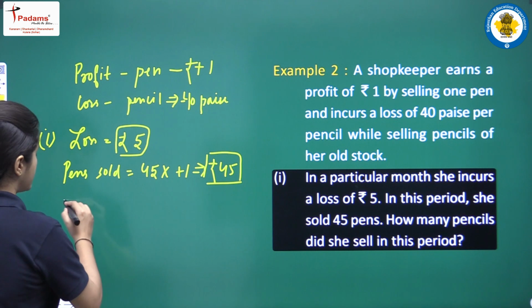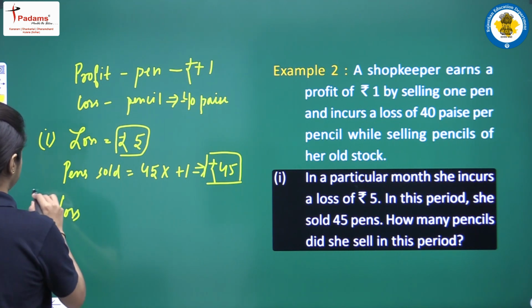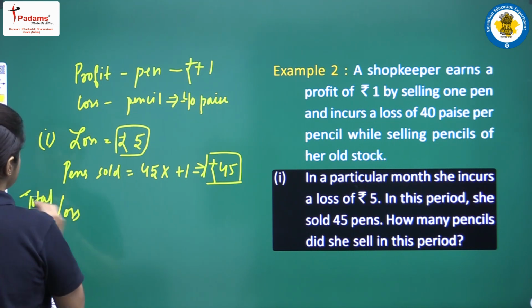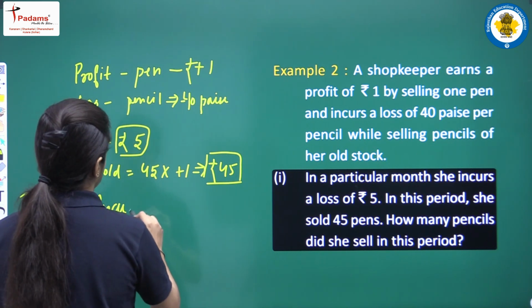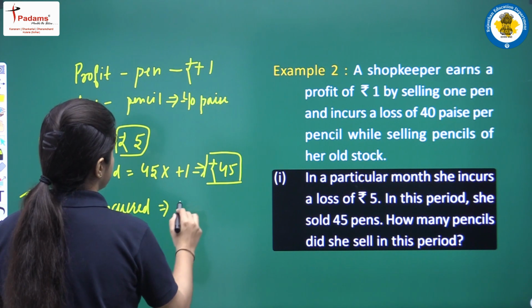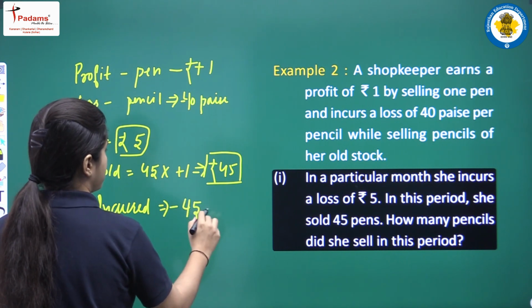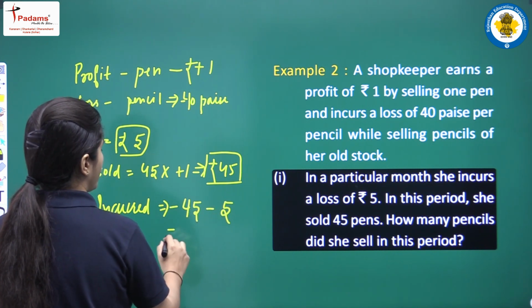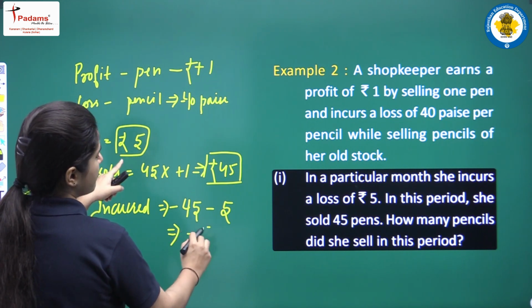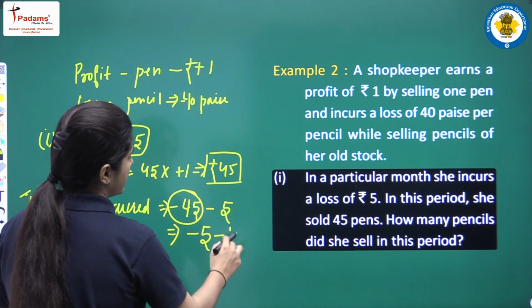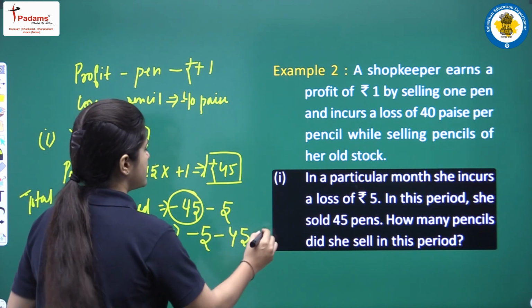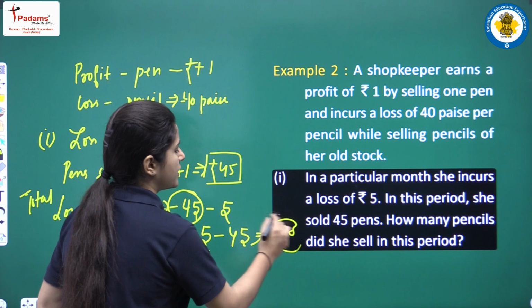That means the total loss incurred is equals to 45 minus 5. It can also be written as she is having a loss of minus ₹5 and 45 is also having the subtracting part, so she is having the total loss of 50, okay?